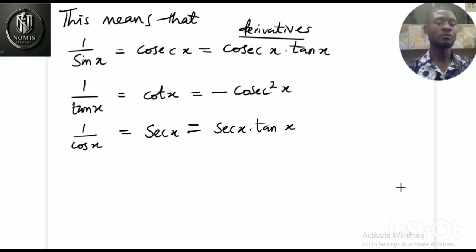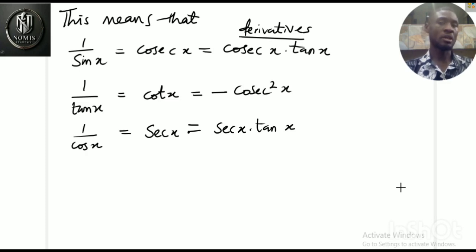If I'm given 1 over sine x to find the derivative, I should not be thinking of the 1 over, because the 1 also must be differentiated. However, the 1 is not standing on its own. It's 1 over sine x, which is the inverse of sine x, and that is equal to cosec x. So the derivative of cosec x is minus cosec x multiplied by cot x.